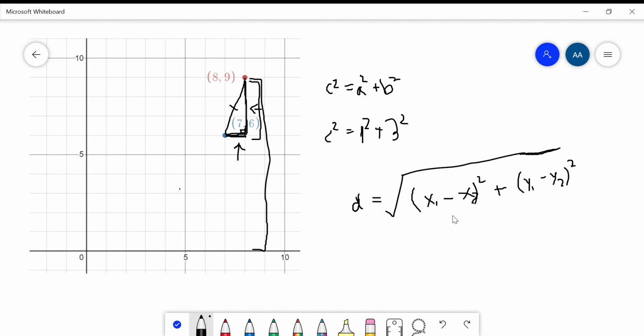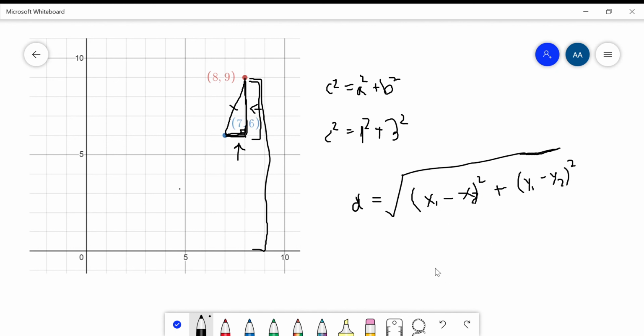Now, if you know exponents, if you know how to square anything, or if you know this thing about even exponents, it's that if you take anything to an even exponent, it'll be positive, always, unless of course there's a negative sign in front of it. So let's try it right here. Let's say we did 7 minus 8. We put it in here. 7 minus 8 is minus 1.